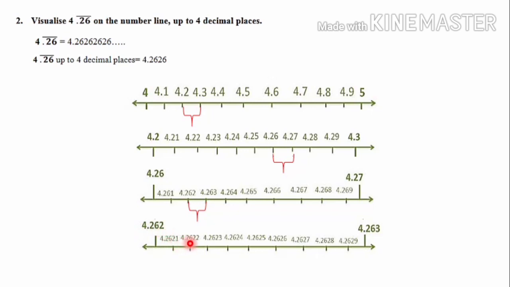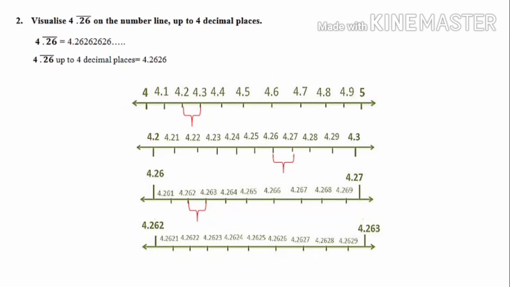Next is 4.2622, 4.2623, 4.2624, 4.2625, 4.2626, 4.2627, 4.2628, and finally 4.2629. So we have divided all the points.